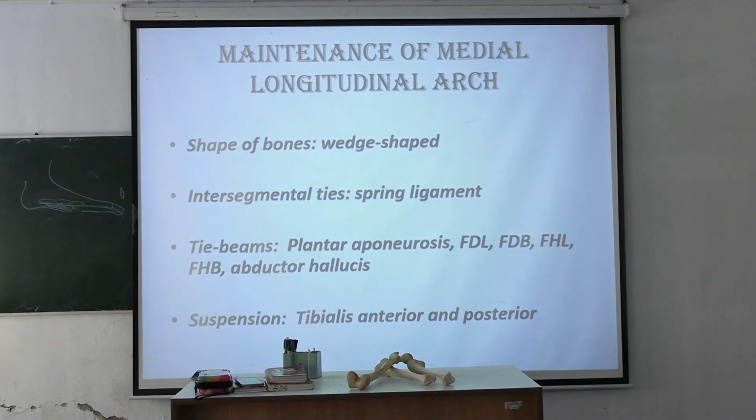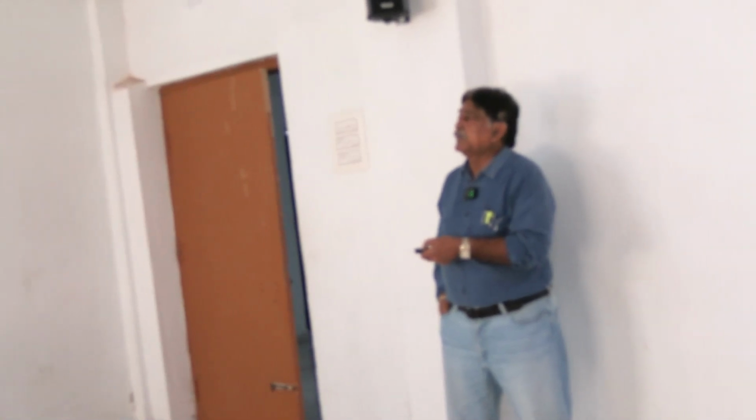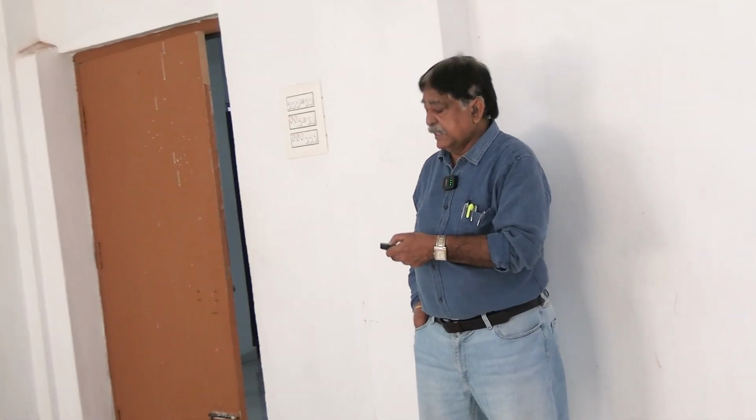Every book has it, but that first picture, only Grant's anatomy has. You can search Grant's anatomy on the net and download it, but if you don't want to spend time, I've drawn it and you can take it.